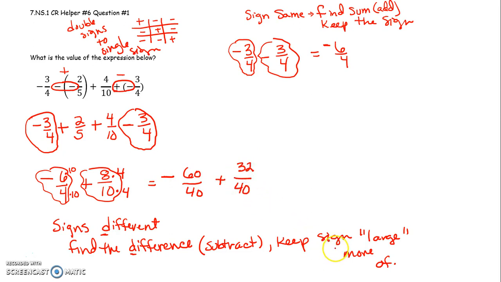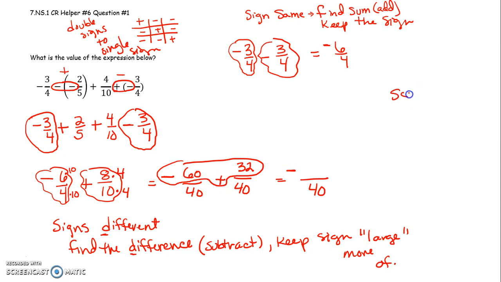And again, then I'll keep the sign of what I have more of. Once I have a common denominator, all I have to do is look at my numerators. So I keep my denominator of 40. These signs are different. I'm going to find the difference, keep what I have more of. What do I have more of? Well, 60 is higher than 32. So I have 60 negatives running around, only 32 positives. So my final answer will definitely be negative because I want to keep the sign of what I have more of.